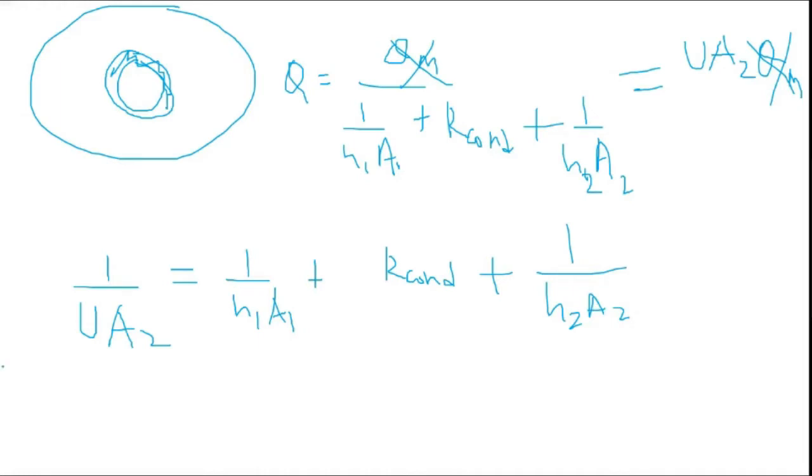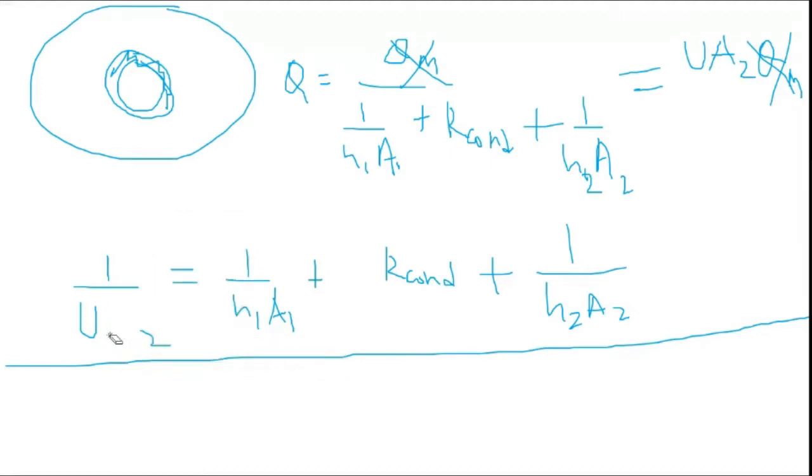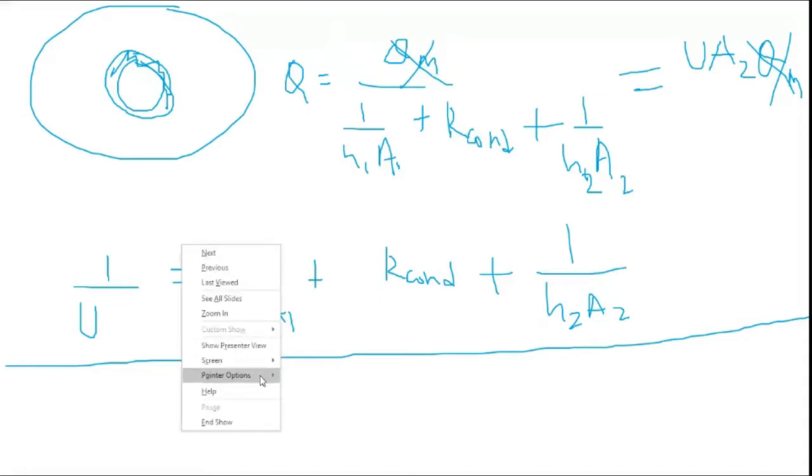Guys, any doubt till this part? No, sir. Okay, fine. Now our aim is to find the overall heat transfer coefficient. To find it, can we multiply by this A2 on both sides? Just remove this A2 from here and multiply A2 on the other side of the equation.